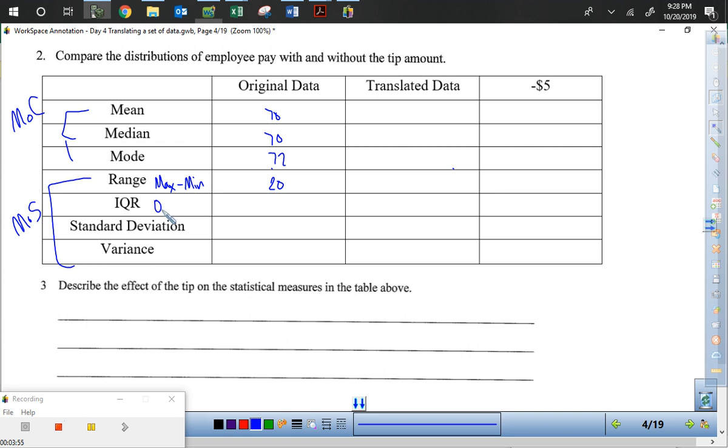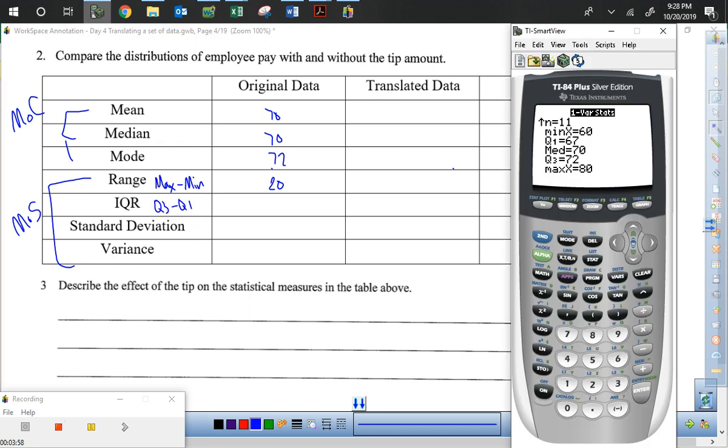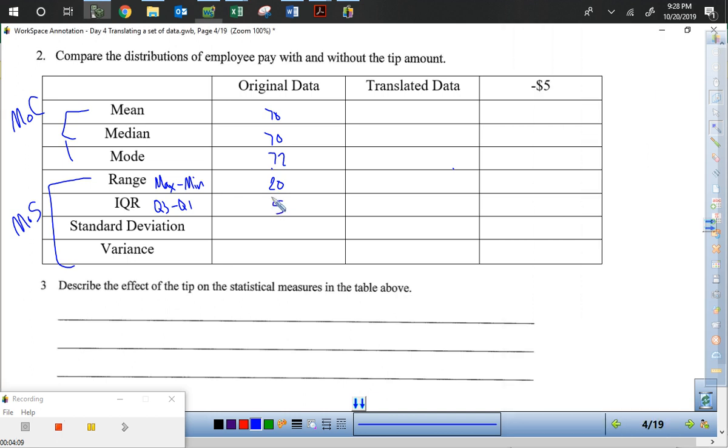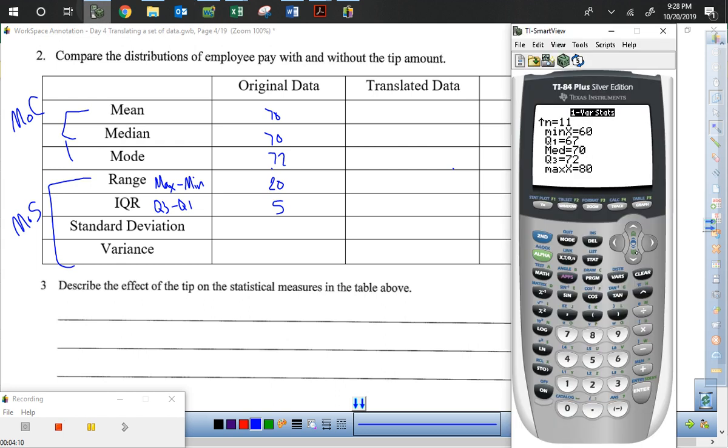IQR, we take our quartile 3 minus our quartile 1. So quartile 3 is 72, and then quartile 1 is 67, so that's a difference of 5 there. Standard deviation, we're going to always use our sample standard deviation versus our population unless we're instructed otherwise. So that's 5 as well.